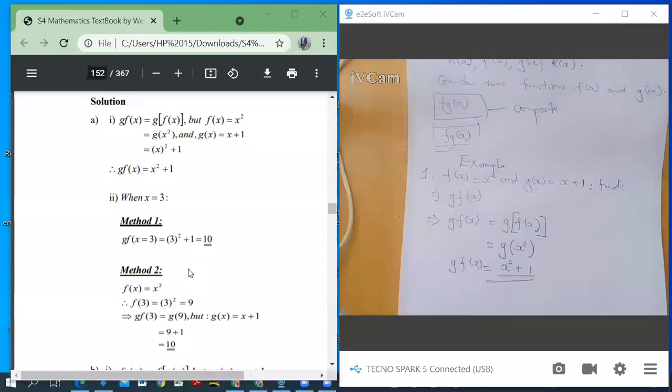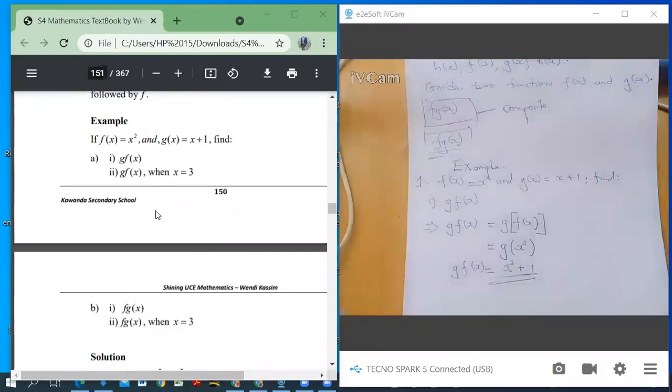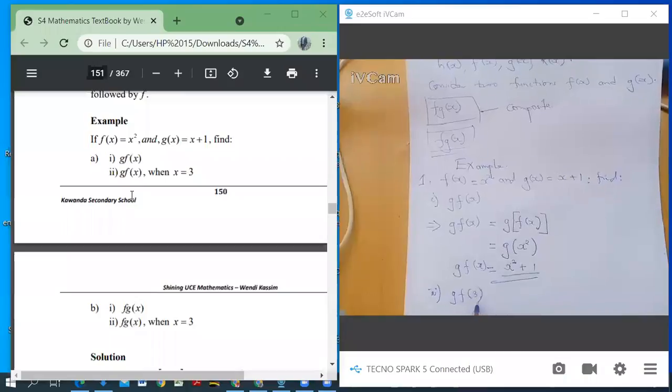Is it clear? Good. Now, after getting the composite function, we can go ahead and find Roman 2, which is asking for g f of 3.